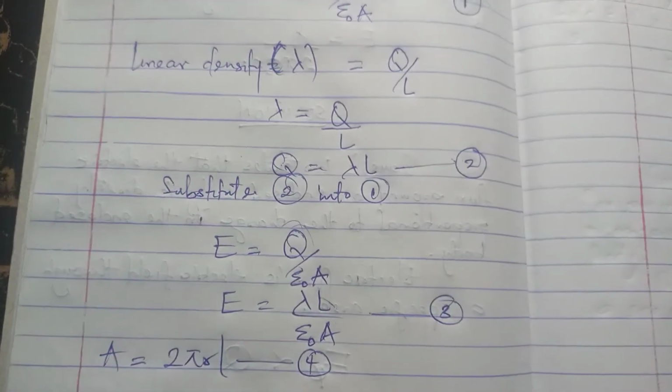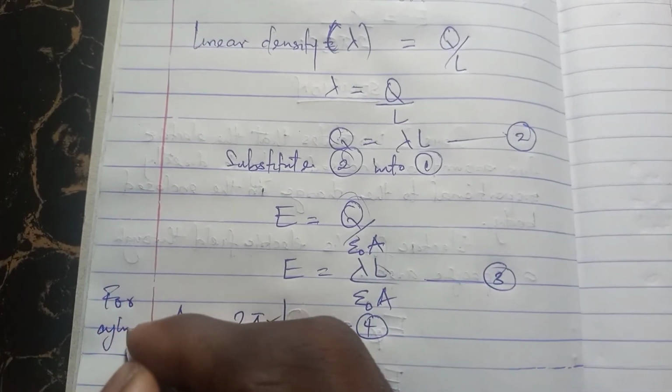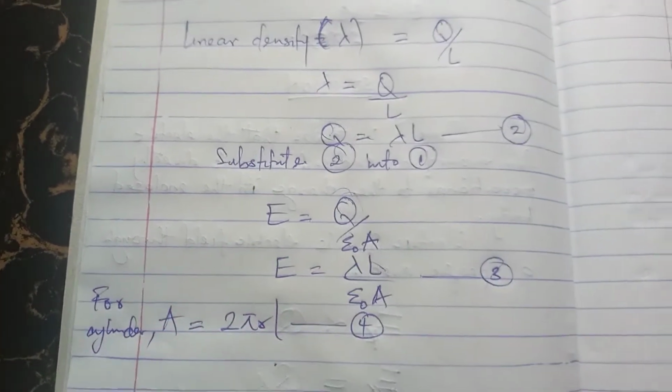If you put 4 for cylinder, the area is this.